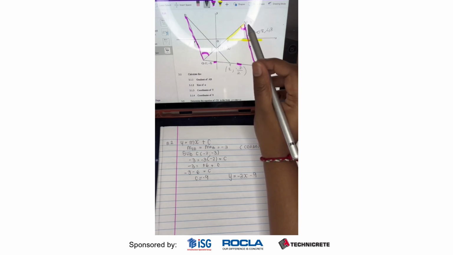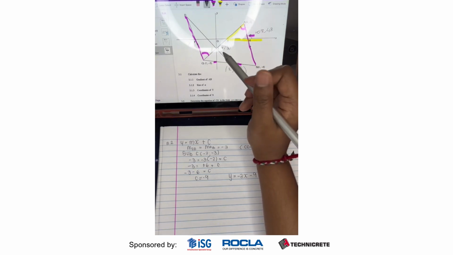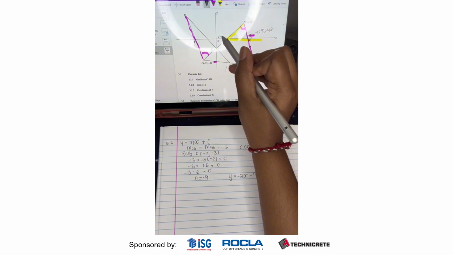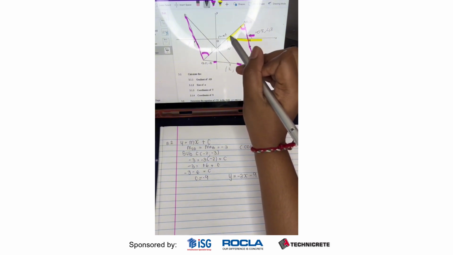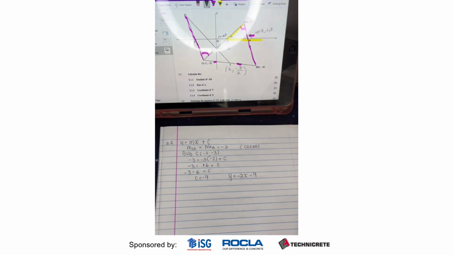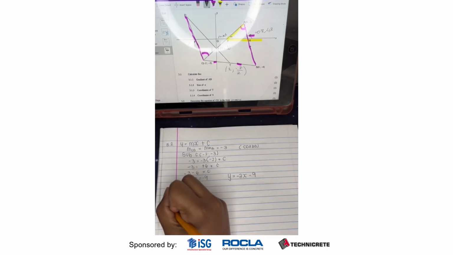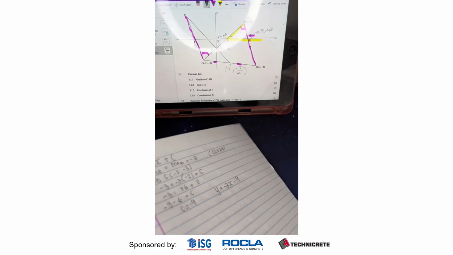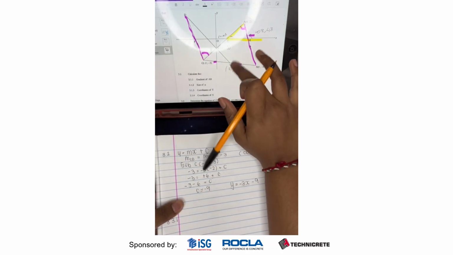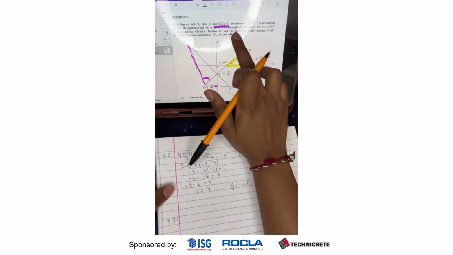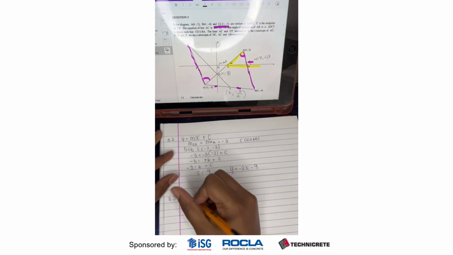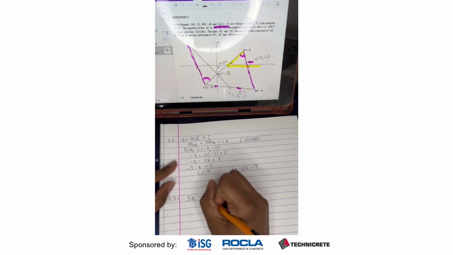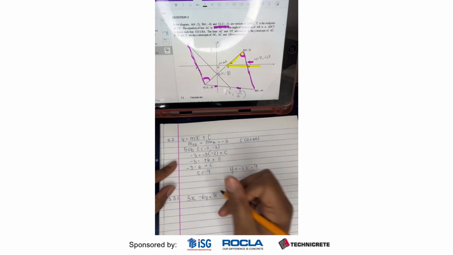And how can I find F? Well, I know the gradient of AC. I know this equation. And gradient of AC, we can use angle of inclination to find the answer for F. So let's go back and take a look at what is AC. The equation of AC is 5x minus 6y is equal to 8. So we're going to have to rearrange that into standard form so we can find the gradient.